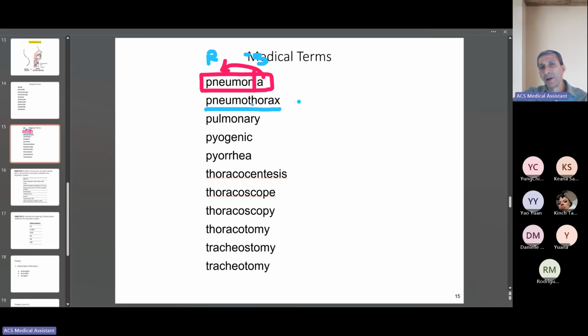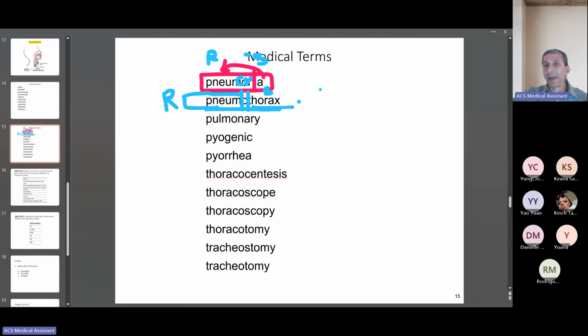Pneumothorax. Now, thorax is the suffix. Once again, it can be the word root because it's a part of our body. But in this case, it's used as a suffix or an adjective. We talked about that, but don't get caught up on that definition. This is the combining vowel, O, and pneumo is the word root. Thorax means chest.